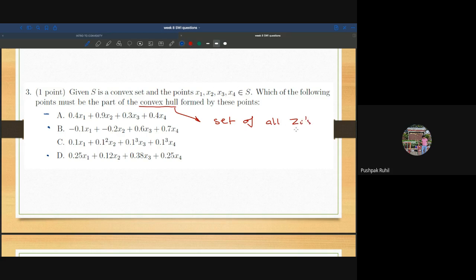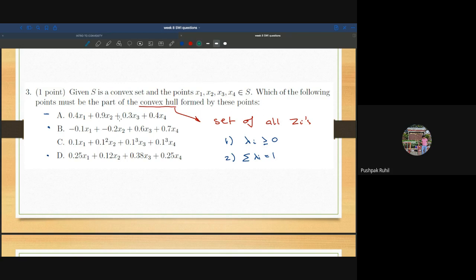Now, what is Zi? Zi is a convex combination. And for a convex combination, there were two conditions. The first condition was that each lambda i needs to be more than or equal to 0. And the second condition was that the sum of lambda i needs to be equal to 1. So these were the two conditions. So now we have to check these conditions.